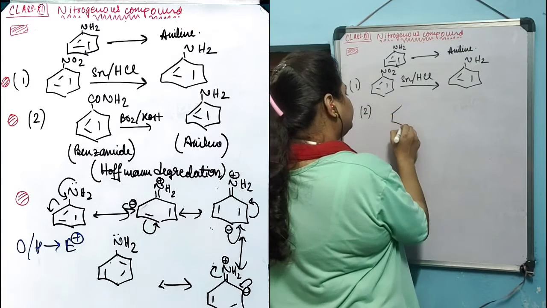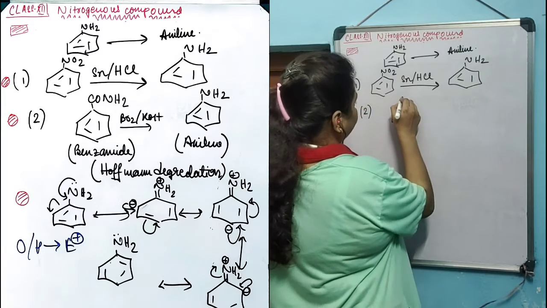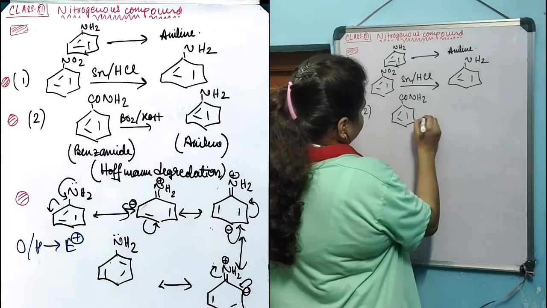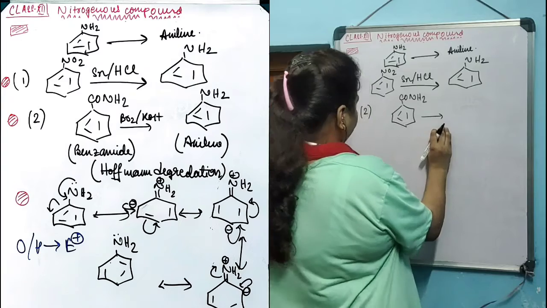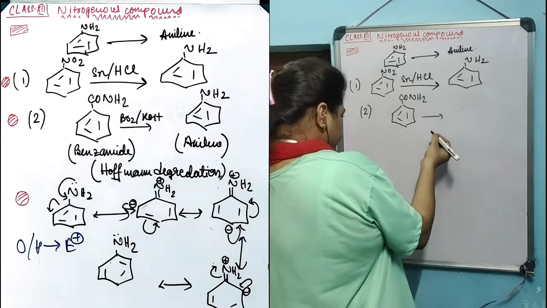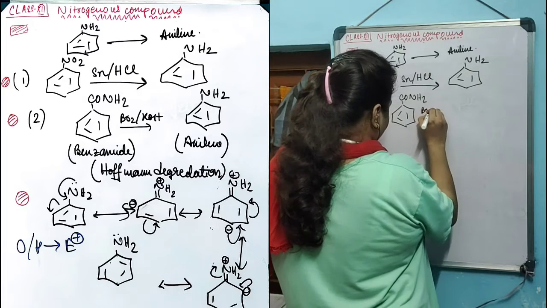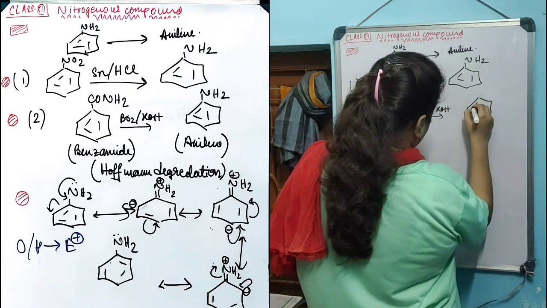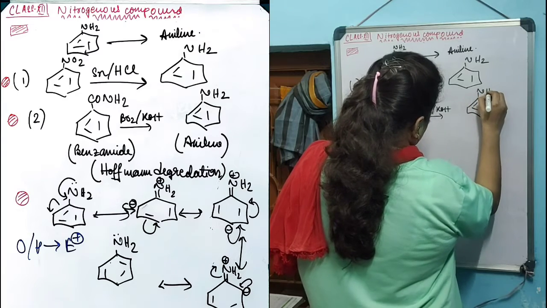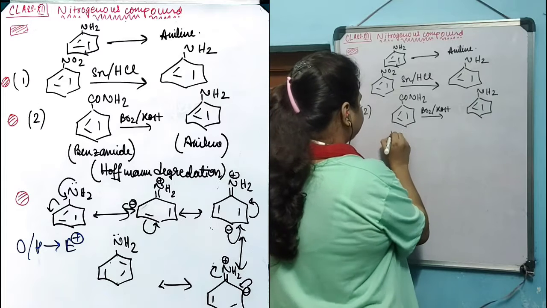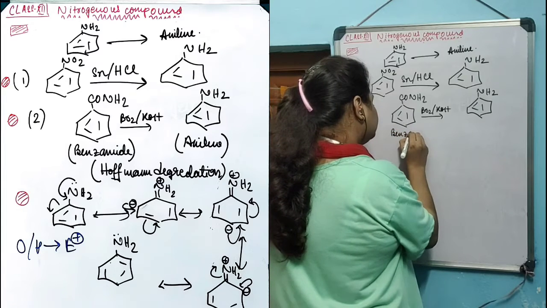Another preparative method can be used: when this compound, which is known as benzamide, is treated with Br2/KOH, it produces NH2 on the benzene ring. This is benzamide.